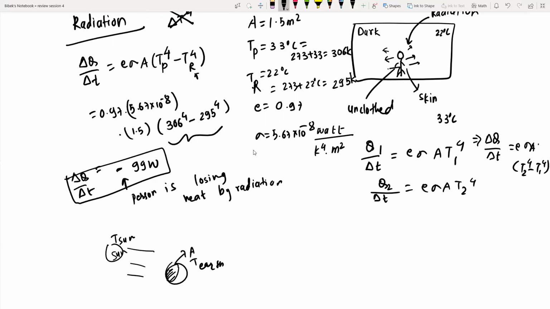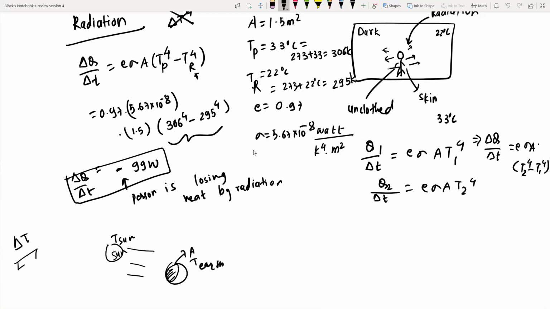Okay, so you don't have to take care about the change in temperature. We are not dealing with the same object's change in temperature. We are dealing with different objects. So these two temperatures are different objects. When we were dealing with the temperature change in previous problems, we were dealing with the same objects.